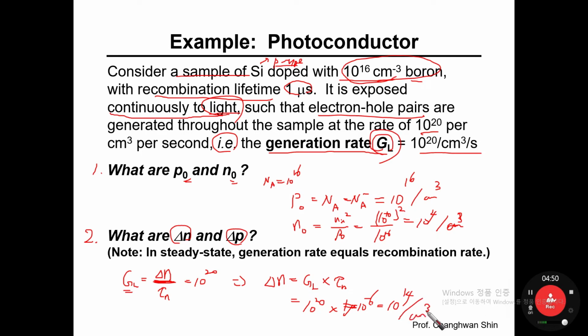Per cubic centimeter, 10^14 excess electrons are available whatever the time is, because the light is continuously exposed. The total number of excess electrons, not electrons at thermal equilibrium, in other words delta n, is kept by this light.